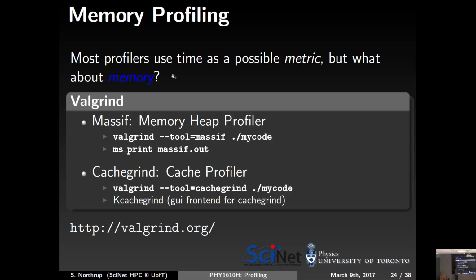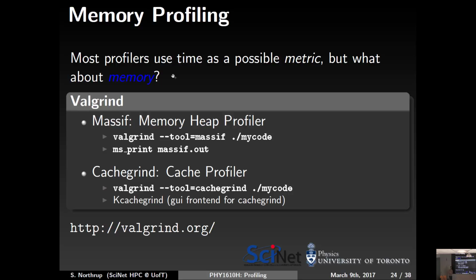And this is good, you don't have to instrument your code. Usually you just compile with debug, and you don't have to change your code. You just run valgrind --tool=massif and then my code, and it'll give you something like the gmon.out, a massif.out, and you run ms_print, and it'll give you a dump of where all the memory accesses were in your heap memory. So it can give you a map of where your memory usage has taken place.